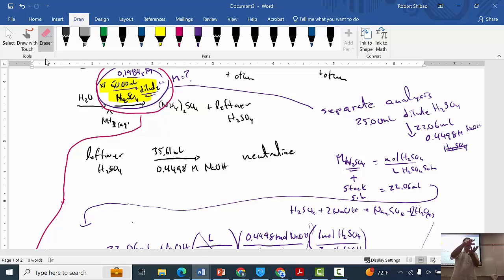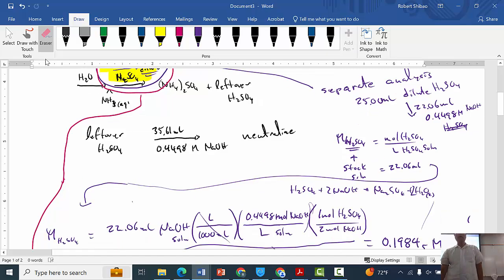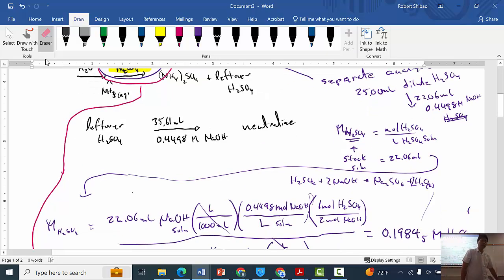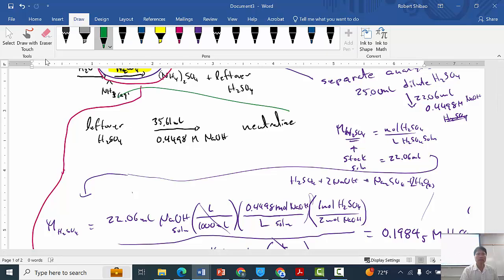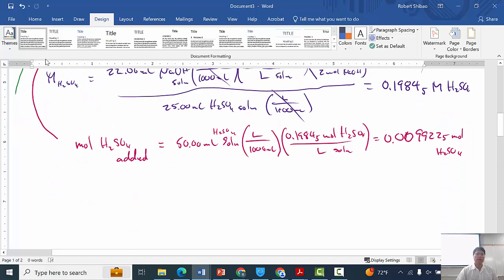That's fixed, but the volume will change the concentration. But that's all right. So all we do is another calculation to figure out how many moles of H2SO4 are left unreacted. That's the leftover H2SO4. This would be the next calculation that I'm going to do down here.